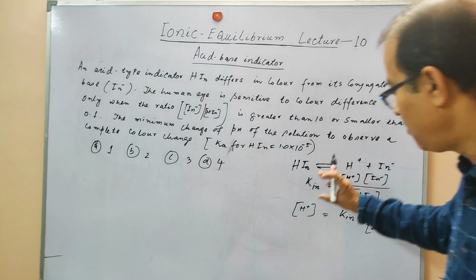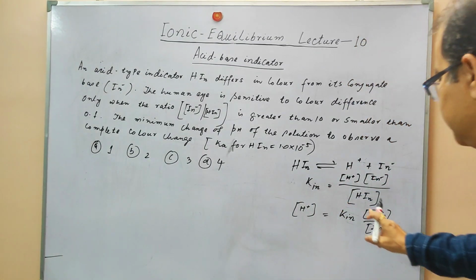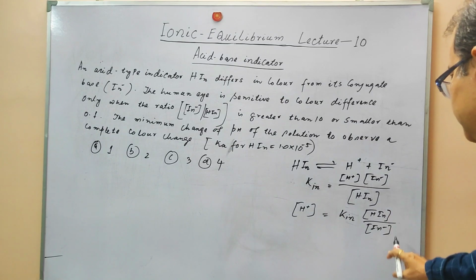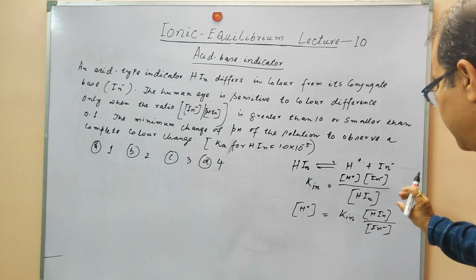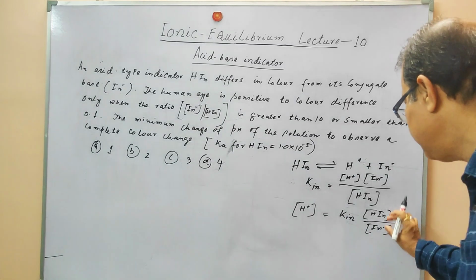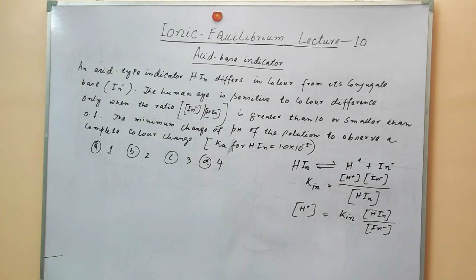This is the concentration of the hydrogen, and this is the equilibrium constant of the indicator, with the concentration of acid and the concentration of the conjugate base.